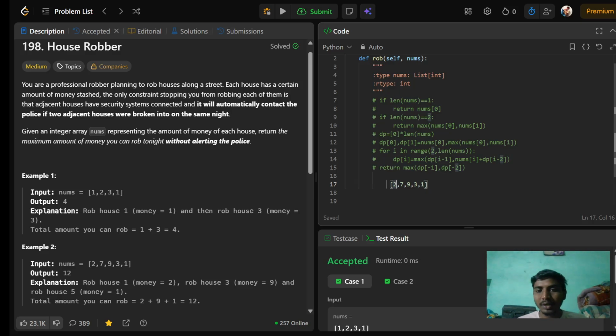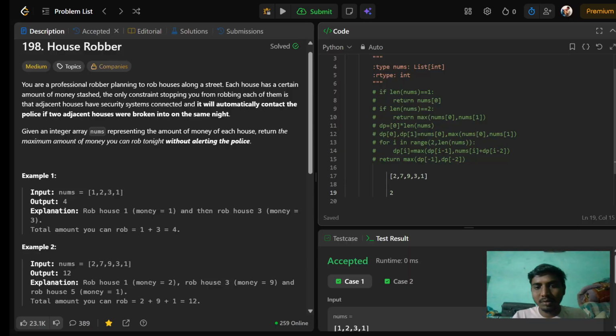Let's take the robber here. Robber one robs the first house and he cannot rob the second house, but he can take the maximum amount that he can rob from all the remaining houses. Or he can rob the second house and then take the max that he can rob from the remaining houses, right?